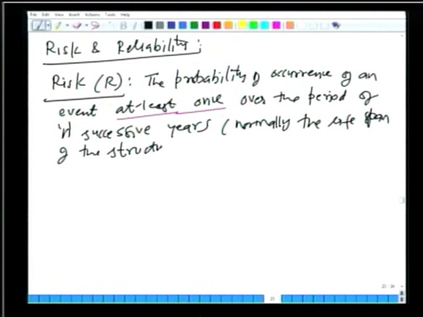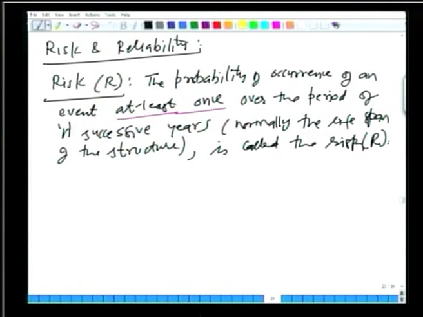For example, if you are designing a dam, it may be designed for a 100-year life, or if you are designing a bridge, it may be 70 years or so. This quantity is called the risk R. That is all.